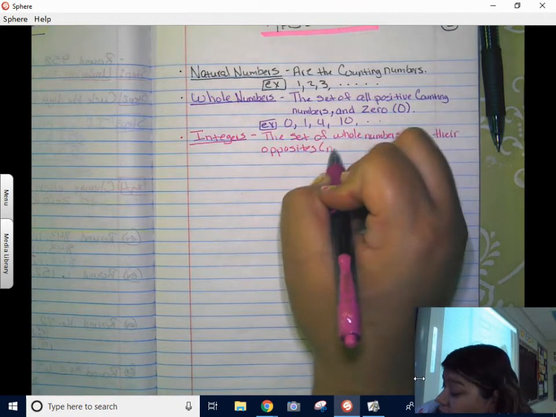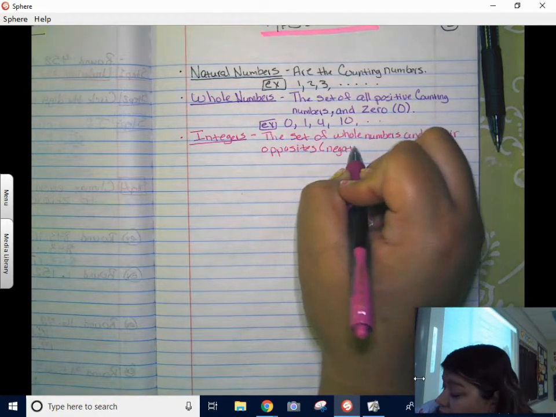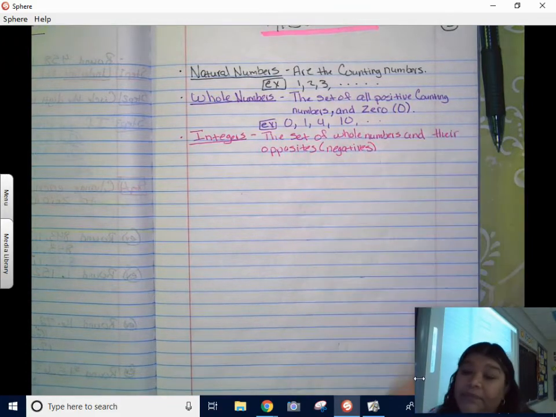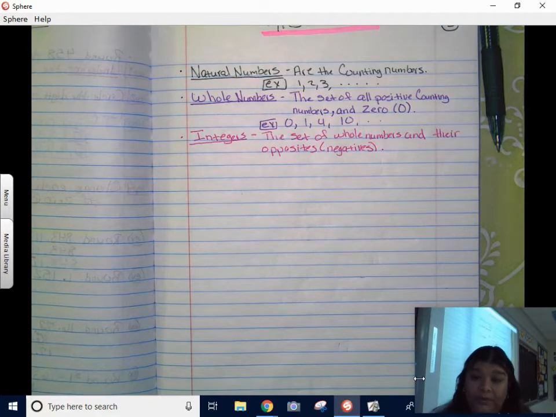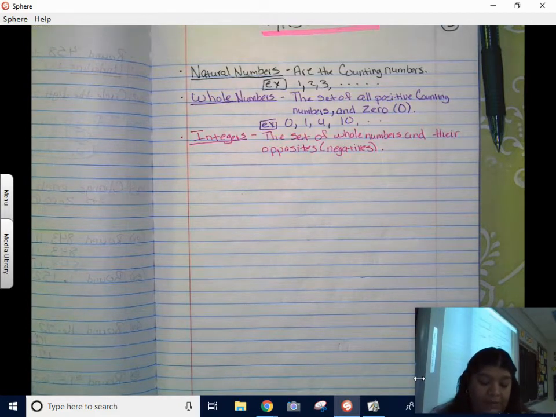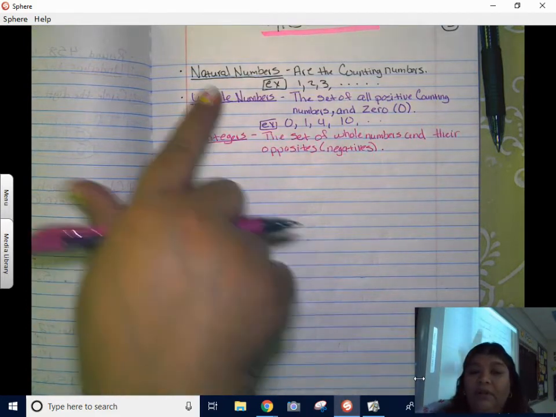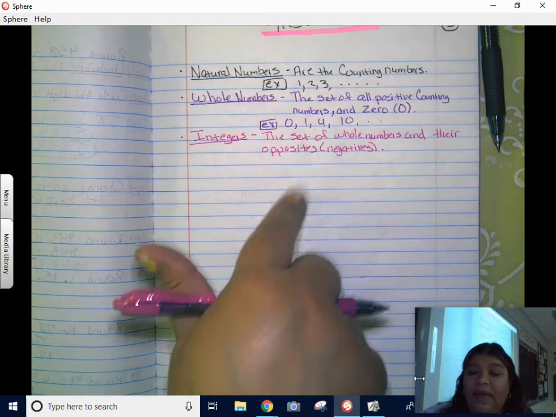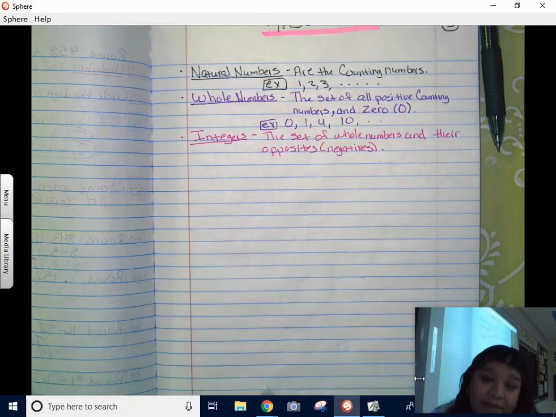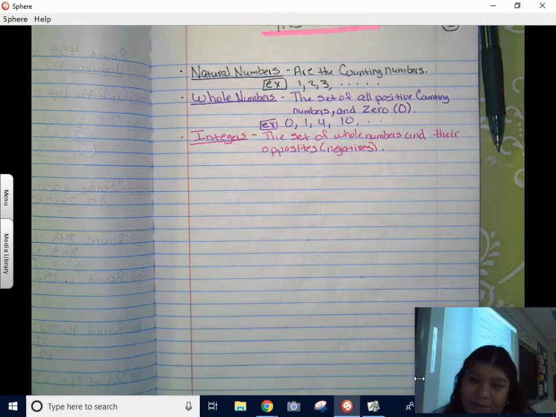And opposites in this case are going to be their negatives. Okay, so integers, again, the set of whole numbers and their opposites. Okay, so it's all the natural and whole numbers here. So all the counting plus zero, and now their opposites, the negative. Now, zero does not have an opposite, so zero is just zero.